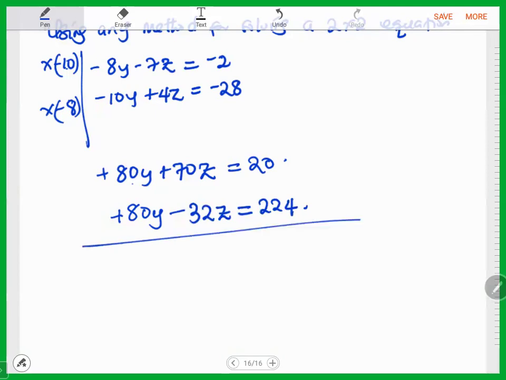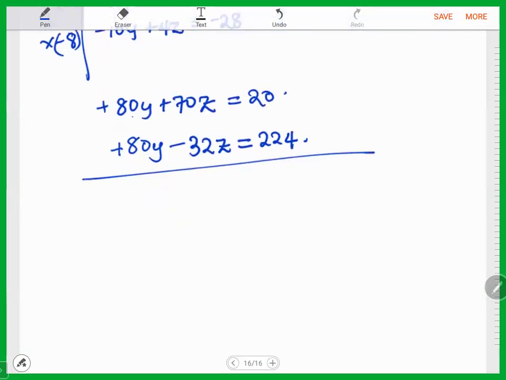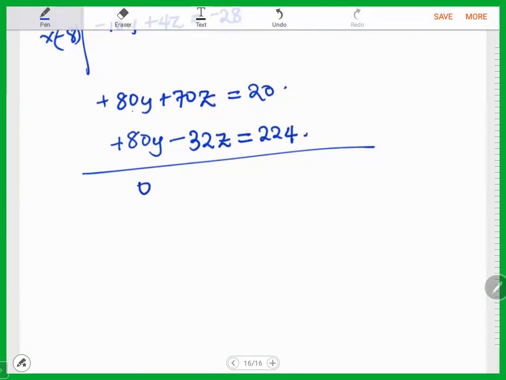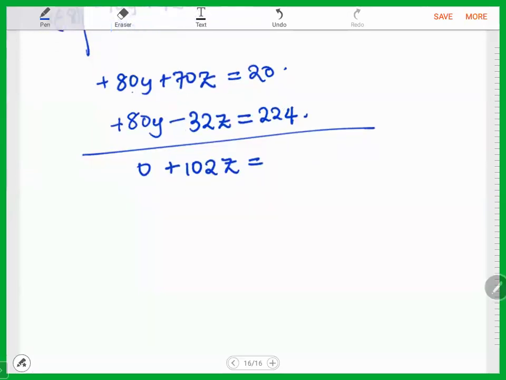But because we want to know why we subtract, it means this will be 0. 70 minus 32, that is 70 plus 32, which is plus 102z, which is equal to, when you get 20 minus 224, that gives you negative 204.